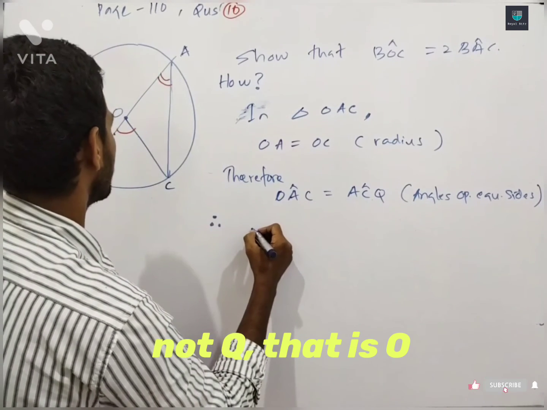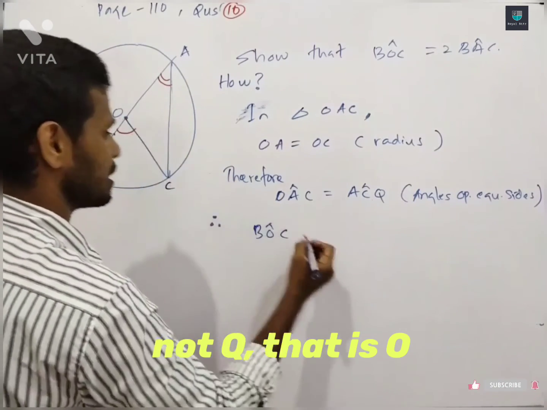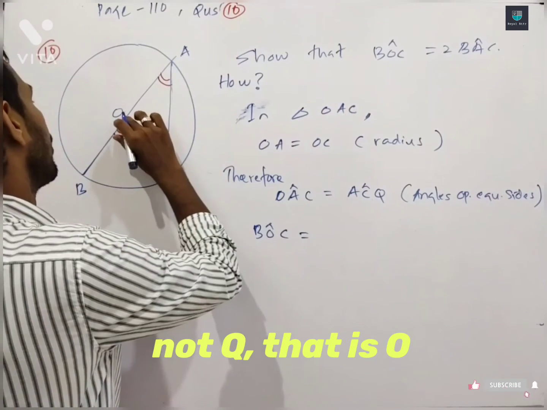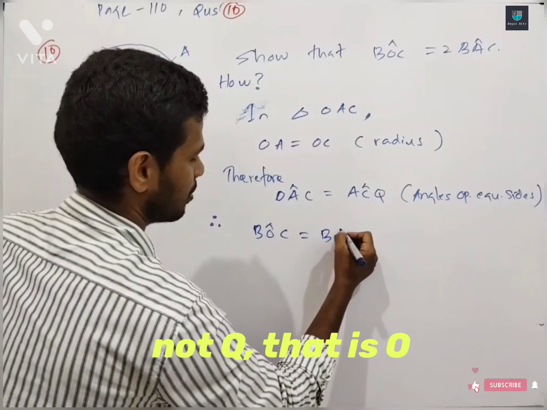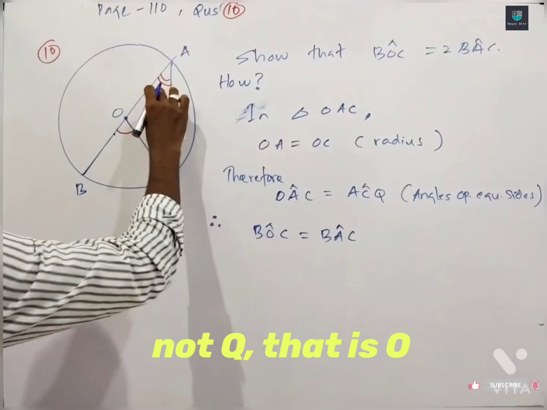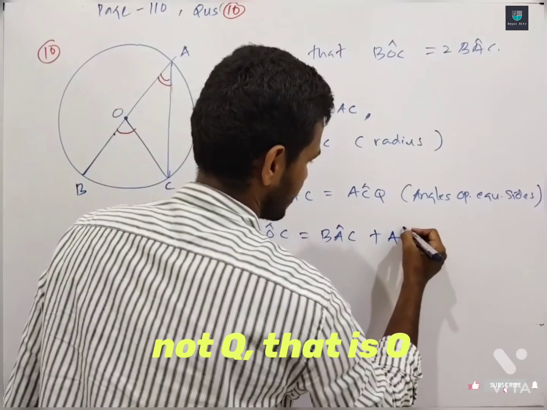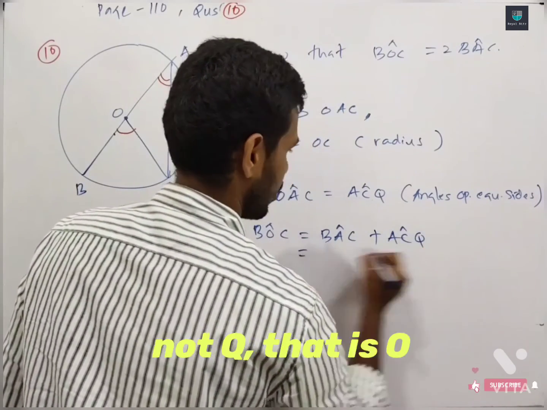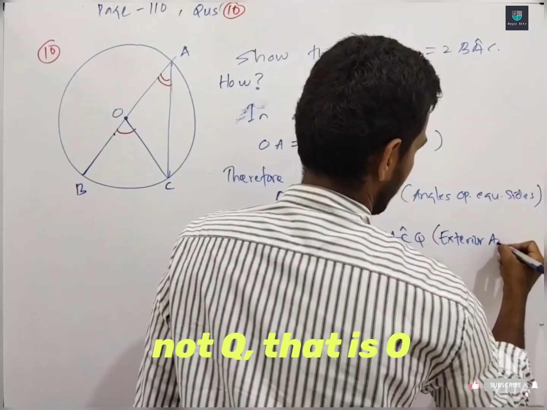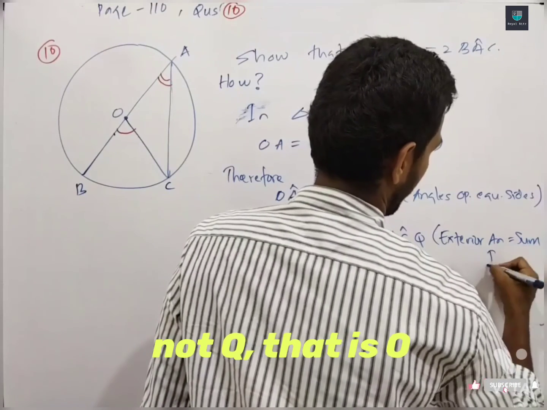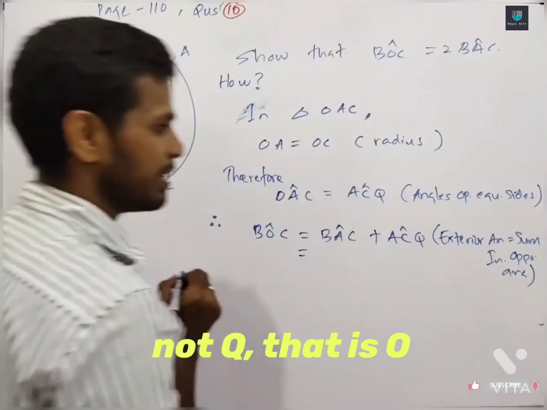So now we can say angle BOC equals BAC plus ACO, the exterior angle equal to the sum of interior opposite angles.